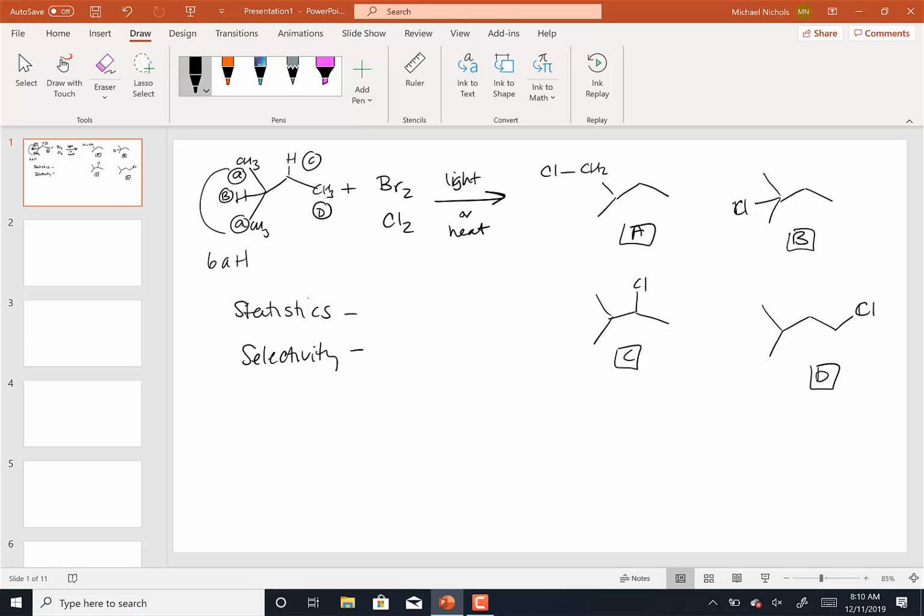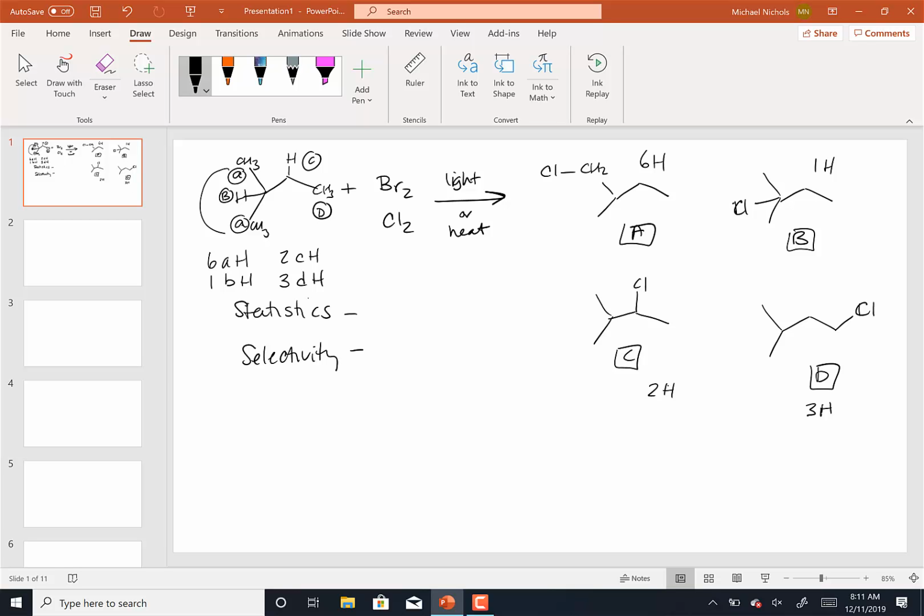Now this is new. We haven't used this analysis yet. There's 1 B hydrogen, there's 2 C hydrogens, and there are 3 D hydrogens. So over here, 6 hydrogens will lead to product A, 1 hydrogen to B, 2 to C, and 3 to D. Is that important?